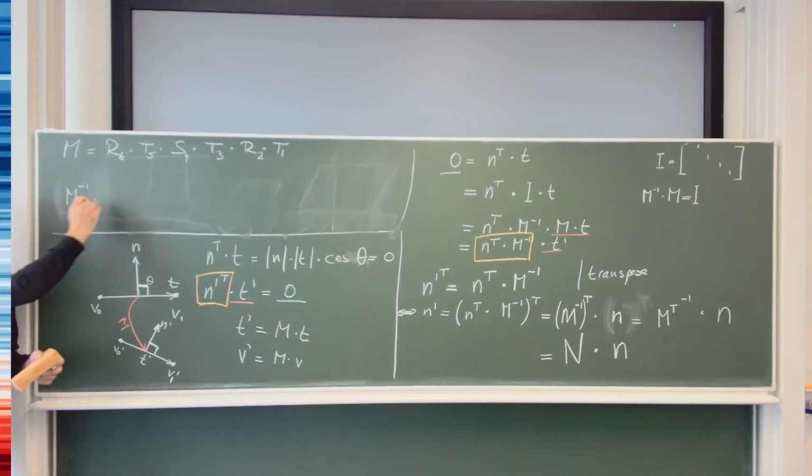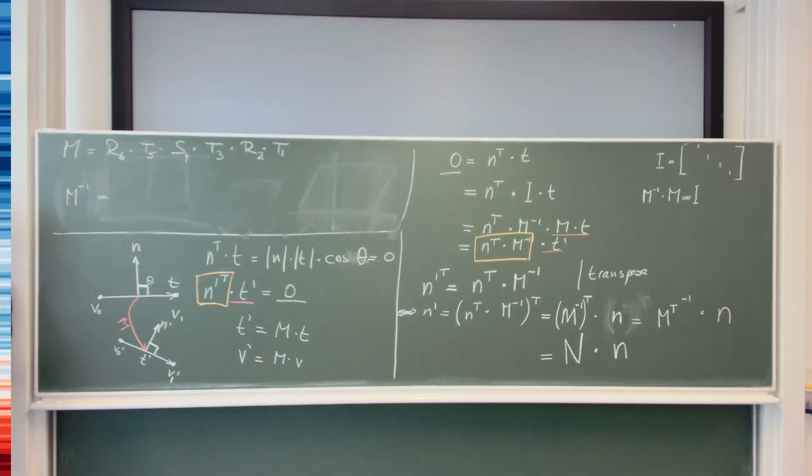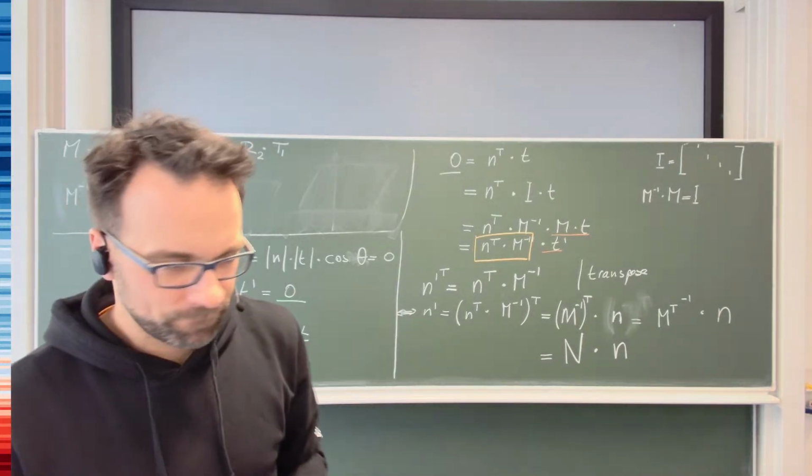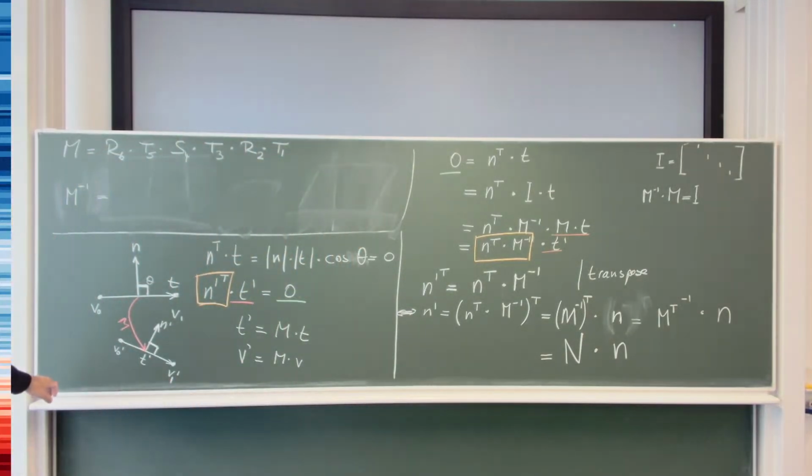Can you think of another way of computing the inverse matrix for this transformation? Any idea? How can we do it?